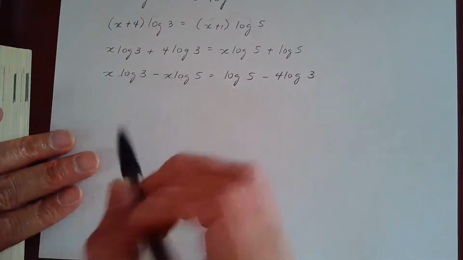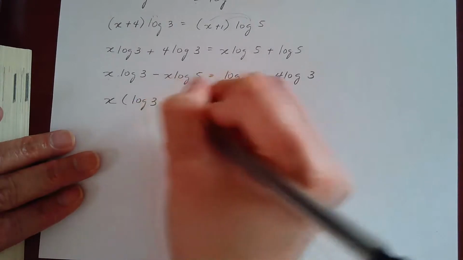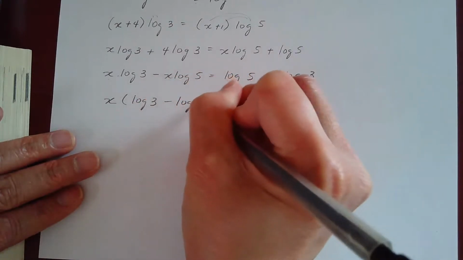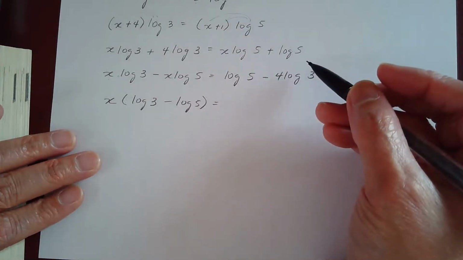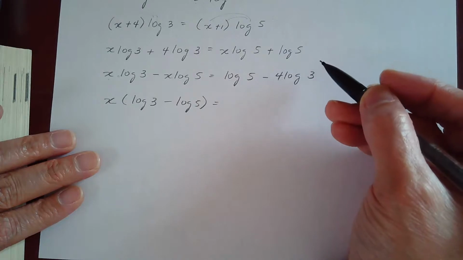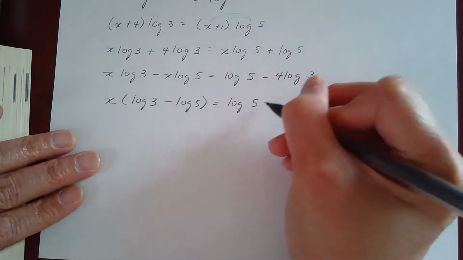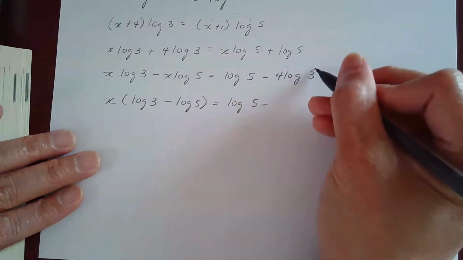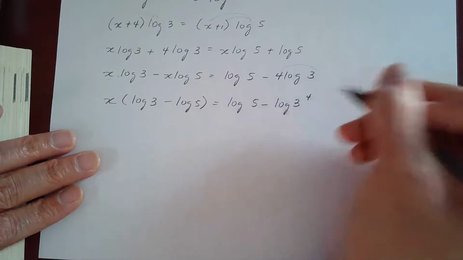Factor out the x. So if I factor out the x, I'm going to get log 3 minus log 5. And then I can do this part here: log 5 minus, and I'm going to bring this 4 up there, log 3 to the 4.